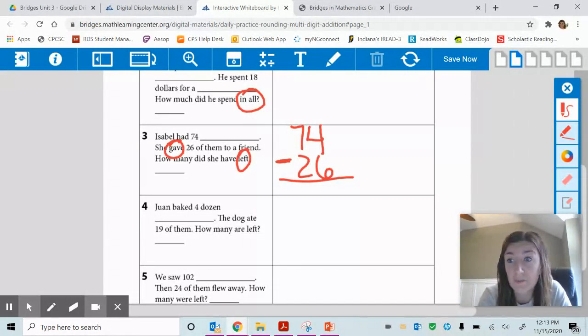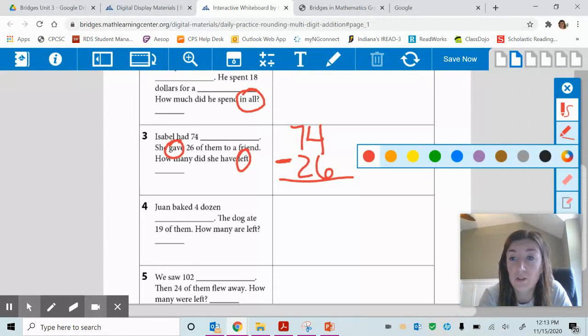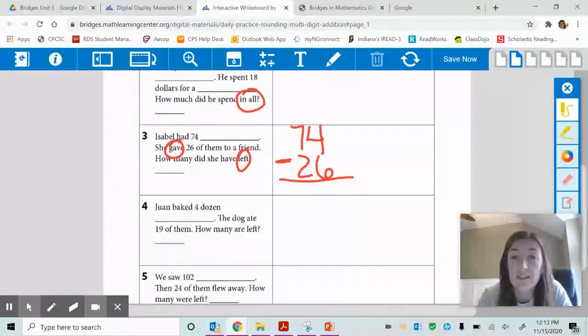And then what we've talked about before, we really have to remember if we're doing the standard algorithm, is if you see a 6 and there's a 4 at the top, if you have 4 of something, you can't take away 6, so you have to regroup. So we're going to take a 10 and put the 10 in the ones place. Now you have a bigger number and you can subtract.